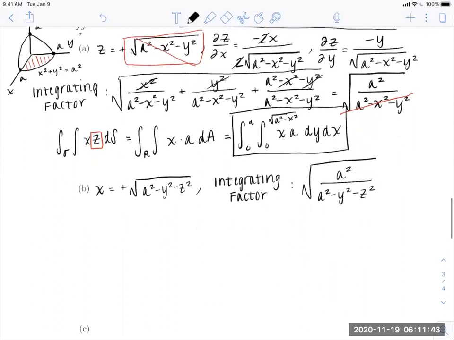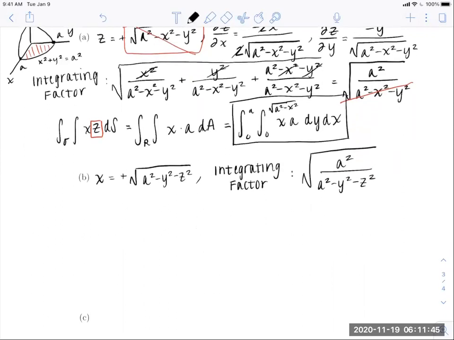And so now let's set up our surface integral. We're starting with the surface integral of xz dz. Here again, I would like to replace x with what it's equal to.